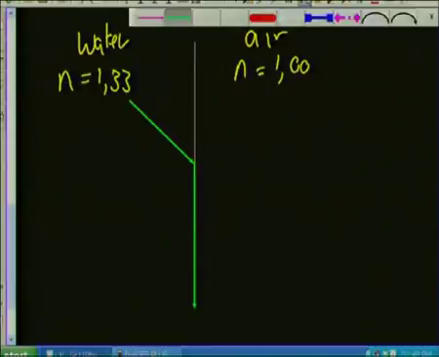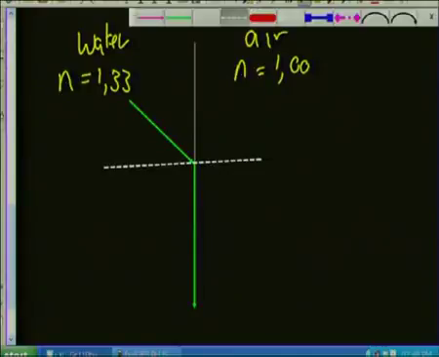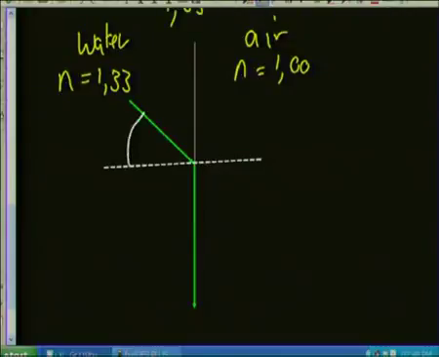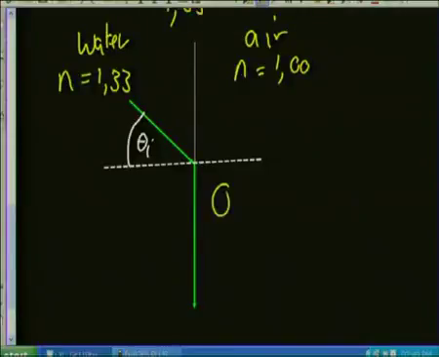So let's put the normal in so you can measure this and you can see it very clearly. This is going to be known as the critical angle. And the reason it's critical is because if we had an angle bigger than this, then it will be total internal reflection. The angle of refraction here is 90.